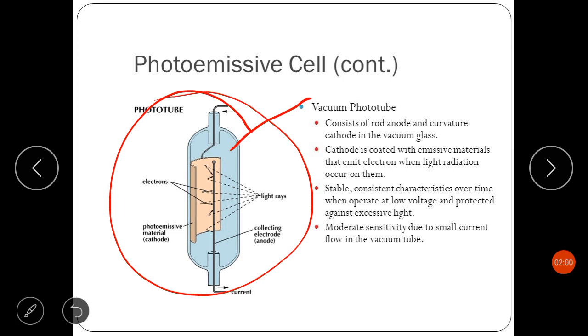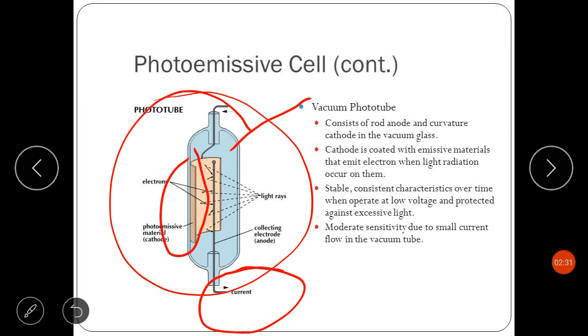Now, as I've told you, in the vacuum type photoemissive cell, this thin metal fin with the photoemissive material coated on its concave surface works as the cathode, and this rod works as the anode. What happens when the light radiation strikes this photoemissive surface?